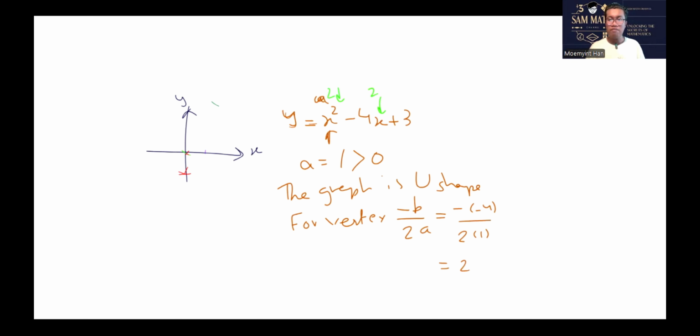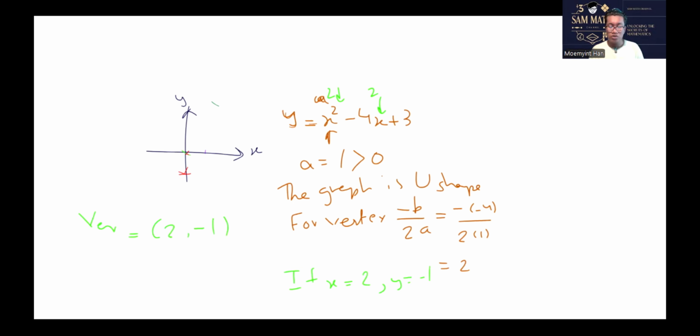So the vertex of y would be equal to -1. Okay, you got the idea how -1 turns out. So what we have is vertex equal to (2, -1).